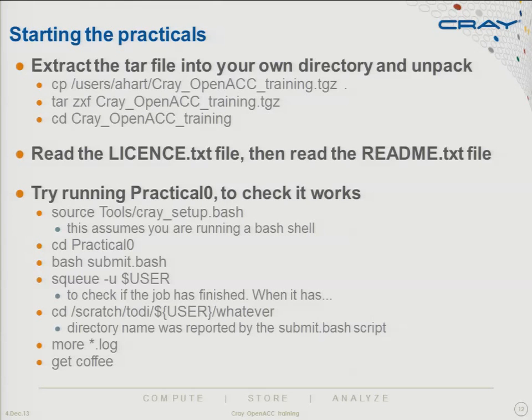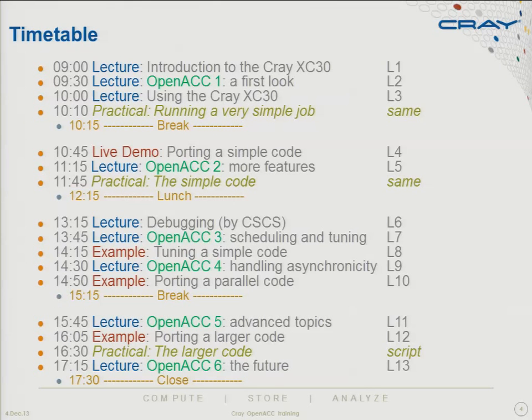To port a code, you don't need to know much of OpenACC. They have what they call a quick reference guide, which doesn't seem so very quick these days. But there's a lot in there, and it gives you a lot of flexibility and a lot of things to do, but a lot of this is more advanced.